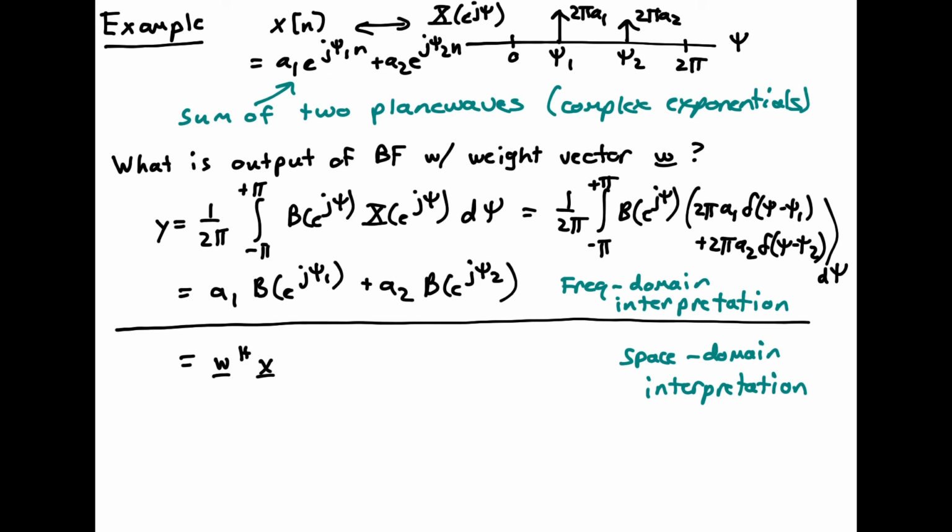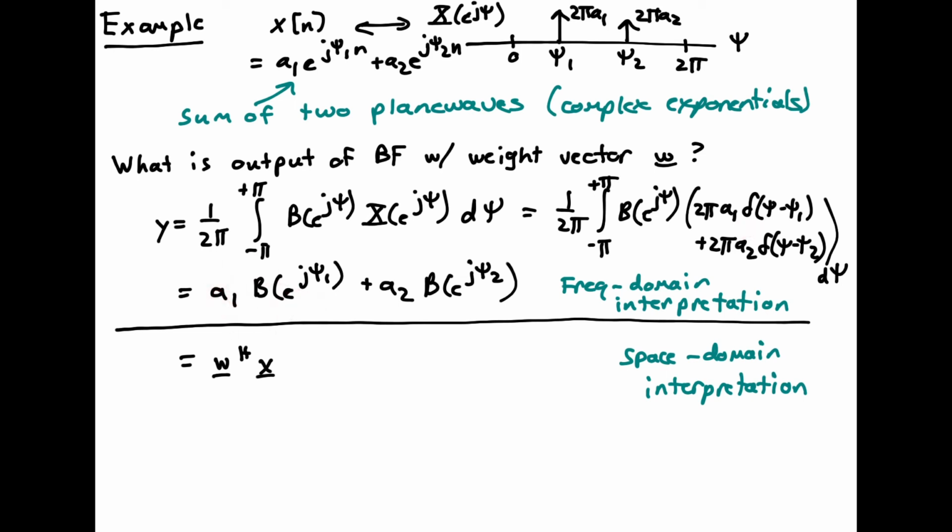When I run it through a beamformer with a system that has the weight vector W, that simply will be 1 over 2 pi, the integral from minus pi to plus pi of the beam pattern b of e to the j psi times x of e to the j psi d psi. Again, these are delta function spectra, so we just multiply this way, and then we integrate. This is exactly the same type of integration we did before.